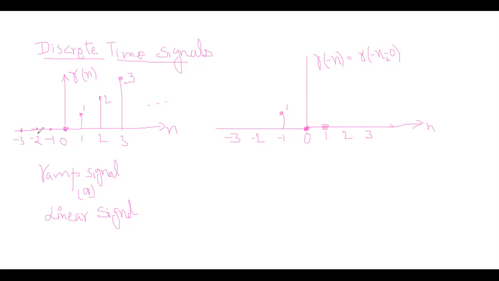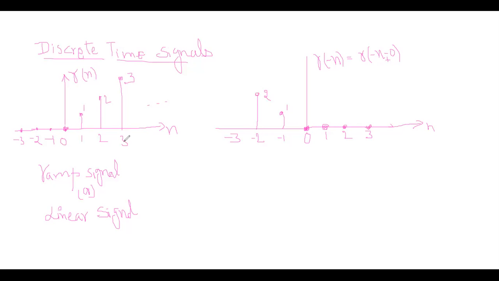Now, what is the value at minus 2 in r of n? 0. That value will appear at 2. And the positive value at 2 in r of n is 2, so I get it in r of minus n at minus 2. And at minus 3, the value is 0, which will appear at positive 3.